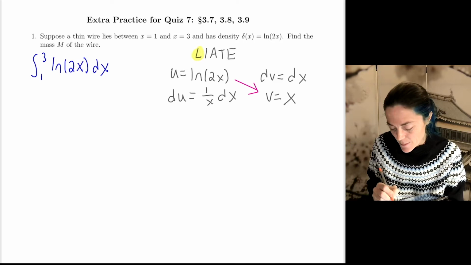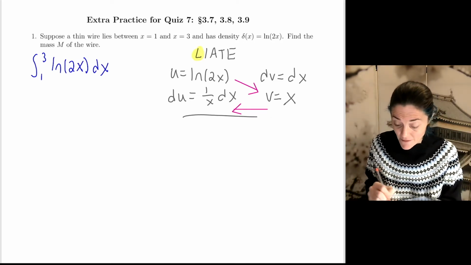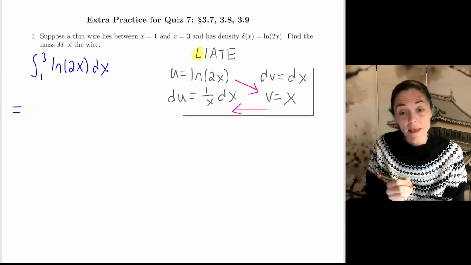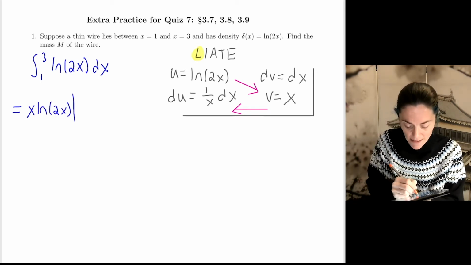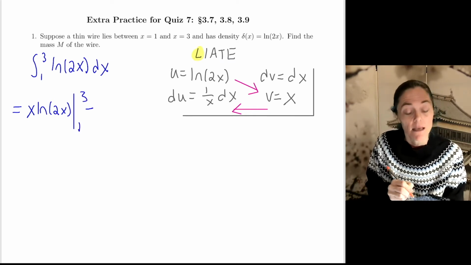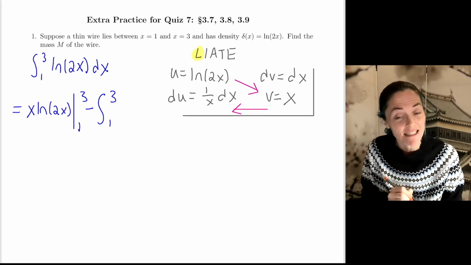Then integration by parts goes uv minus the integral of v du, but it's definite. So you have to remember it's definite. Okay, we have x ln 2x, and then we evaluate between 1 and 3. And then minus the integral from 1 to 3. Here's where it will be v du.